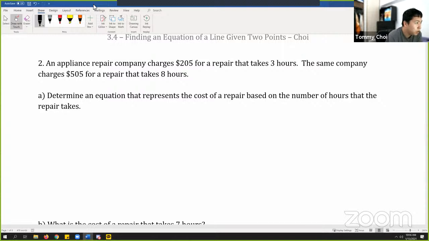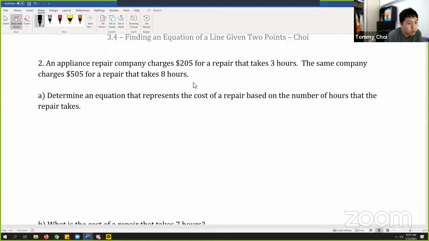So it says it charges $205 for a repair that takes 3 hours, and then it also charges $505 for a repair that takes 8 hours.